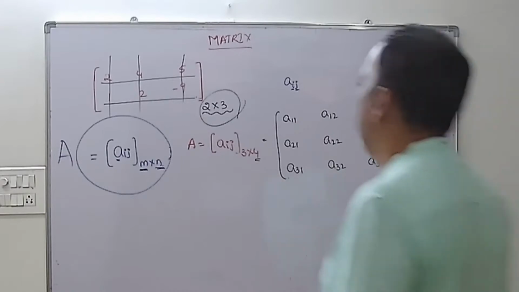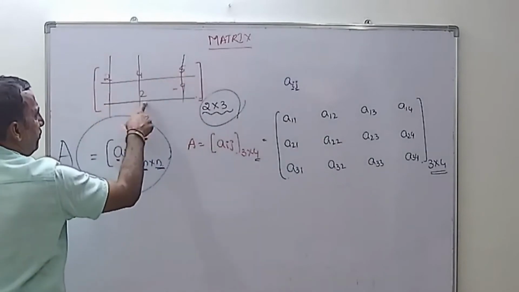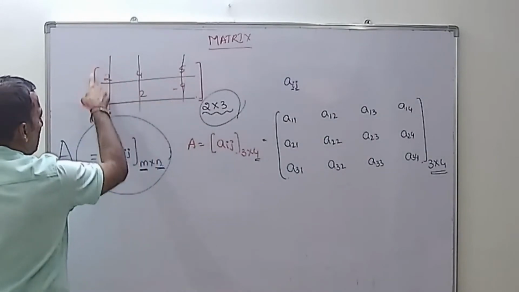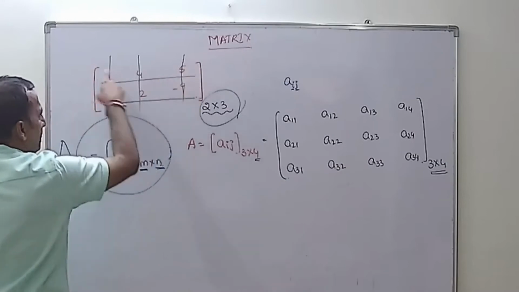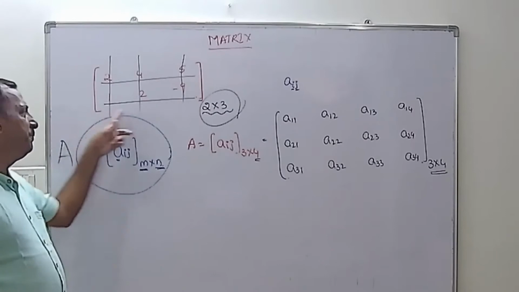Example, ఇగో ఇది రాయండి. 2 4 5 1 2 -9. This must be enclosed in square brackets. Matrix అంటే స్క్వేర్ బ్రాకెట్స్ పెట్టుకుంటాం.